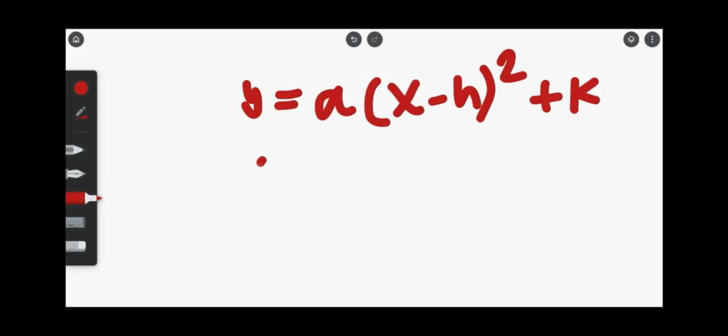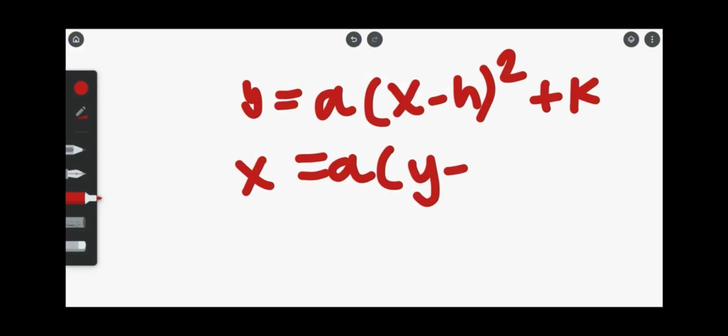And we also will have x equals a times y minus k squared plus h.